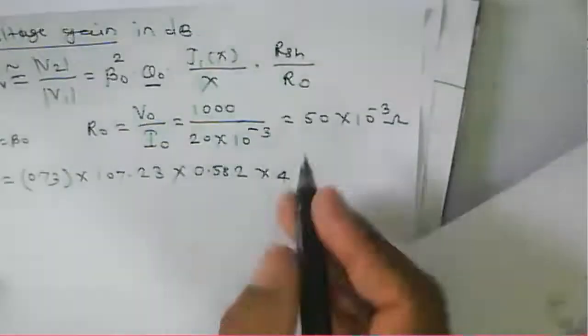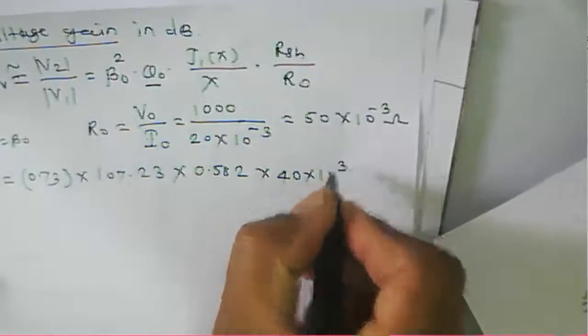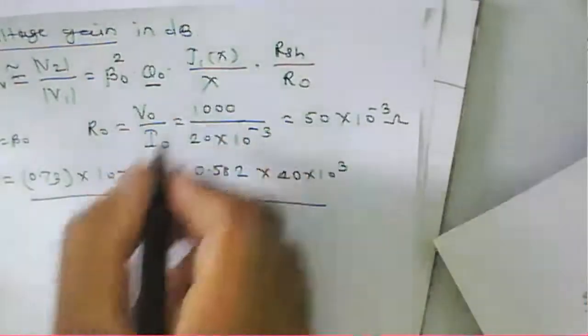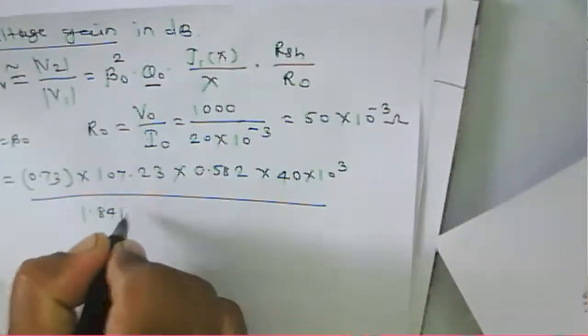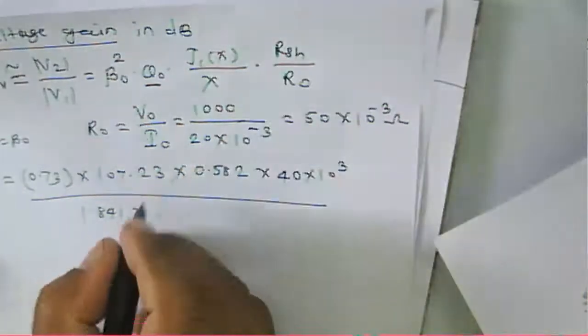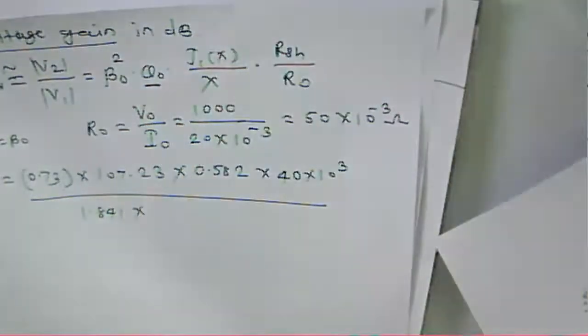For this R_sh of 40, then x 1.841 into that is R0. We got R0 as 50.